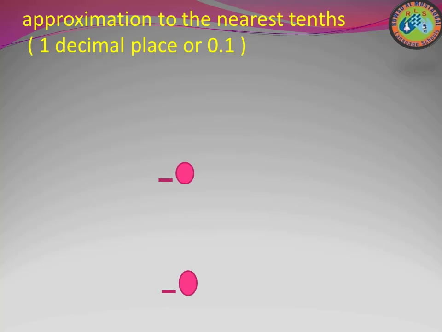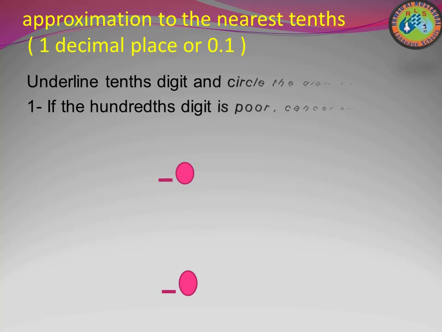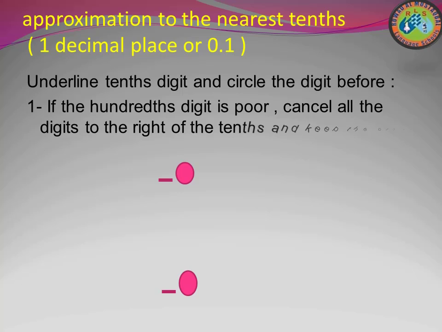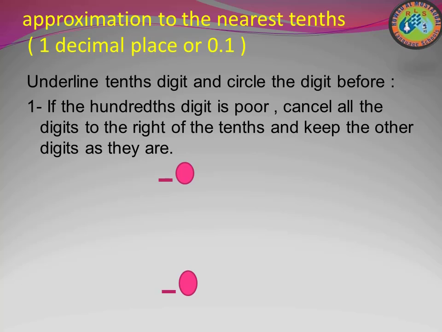Approximation to the nearest tenths or 1 decimal place. To approximate to the nearest tenths, underline the tenths digit and circle the digit before. If the hundredths digit is 4 or less, which means 0, 1, 2, 3, 4, cancel all the digits to the right of the tenths and keep the other digits as they are.